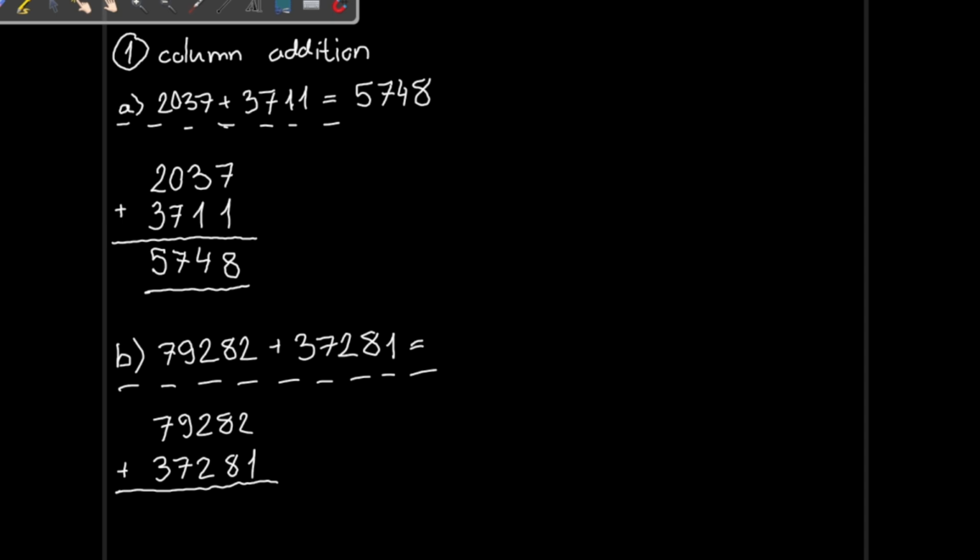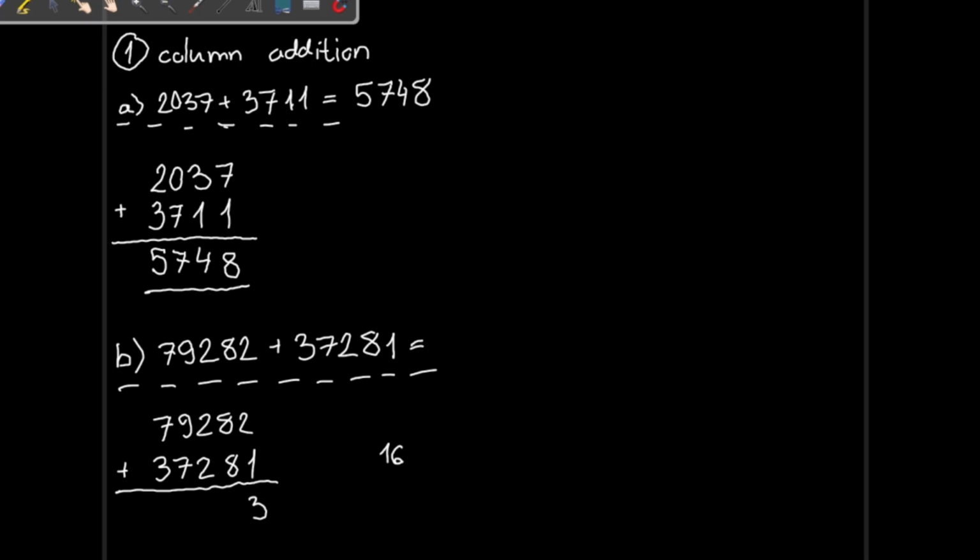We have 1 plus 2, which is 3. And now we have 8 plus 8, which is 16. But we can only really write one digit here. So number 16 is a 2-digit number, but we only have to write one digit here.